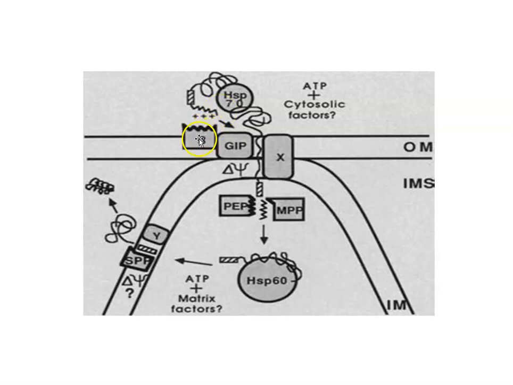This is receptor R at the surface of the outer membrane. Then insertion into the outer membrane is facilitated by general insertion protein, as I already told you, GIP. It is an ATP dependent reaction. So translocation proceeds via contact sites between outer membrane and inner membrane, right? This part.